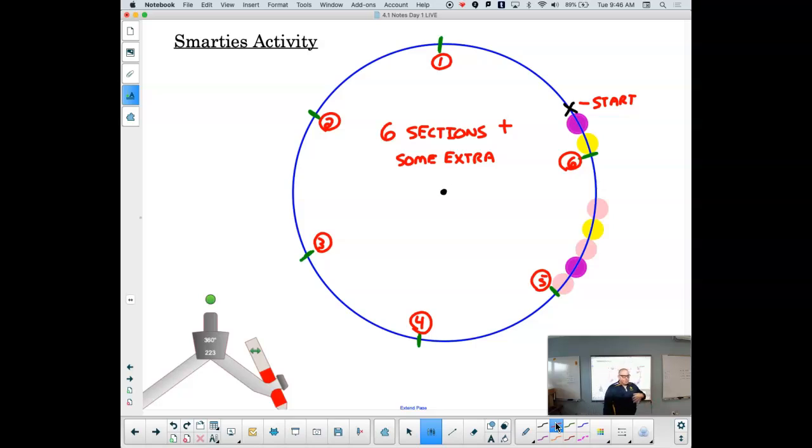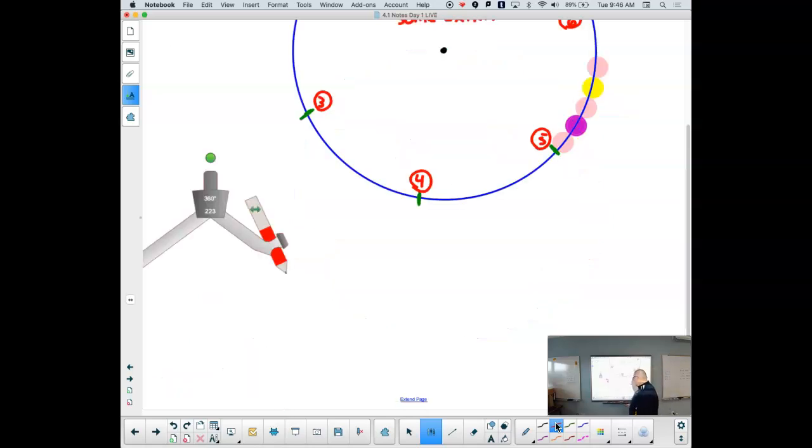What we actually just found is a radian. Okay? So what we found here was a radian. A radian is the other unit of measure that we use primarily in trig, besides degree measure.